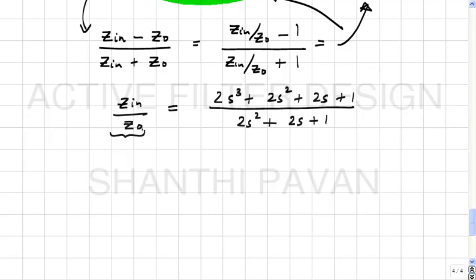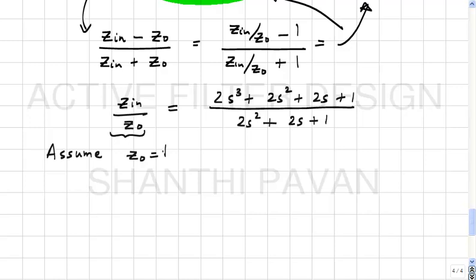For convenience, and to avoid carrying Z0 everywhere, we from now on assume you can choose any particular value, the most convenient being Z0 equal to 1. Please note that Z0 equal to 1 is not a practical value at all.